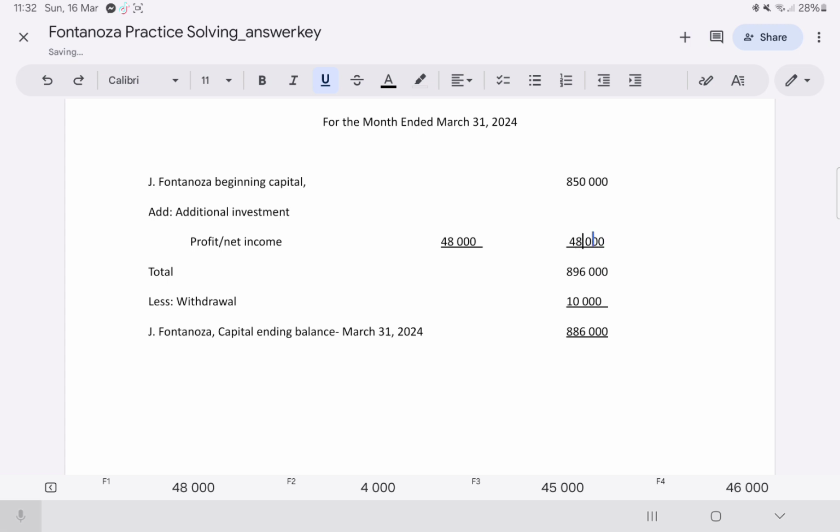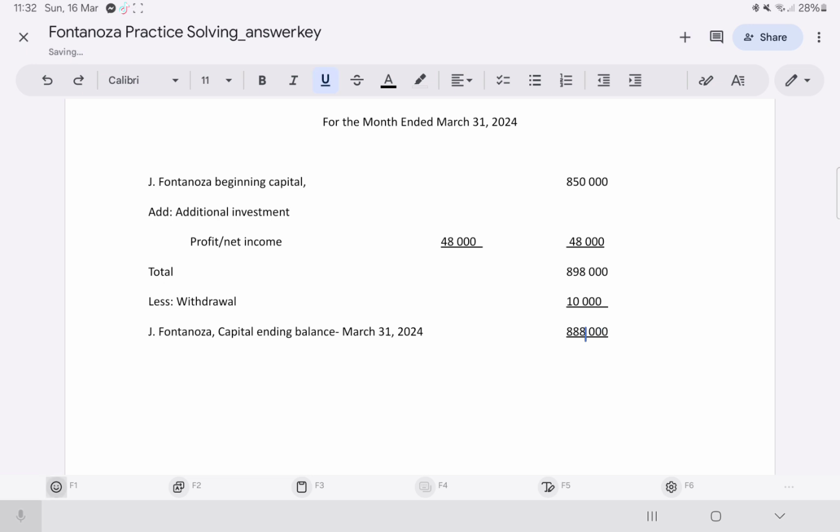So you should indicate here the 48,000. Sum up again the beginning capital of J. Fontanoza 850,000 plus 48,000, so it is 898,000. Less withdrawal of 10,000, so 898,000 minus 10,000 is 888,000. Let's check.